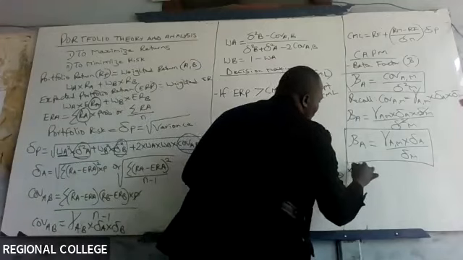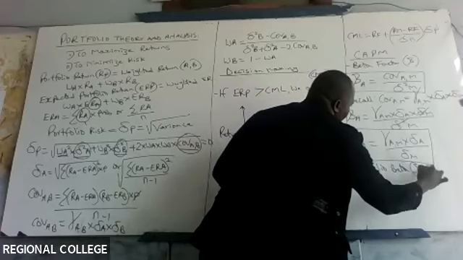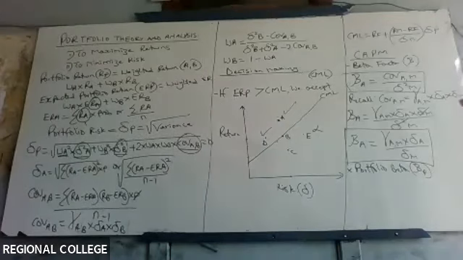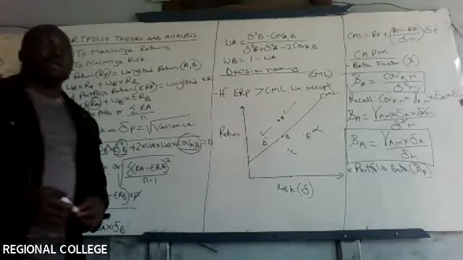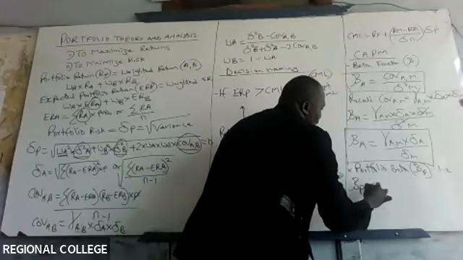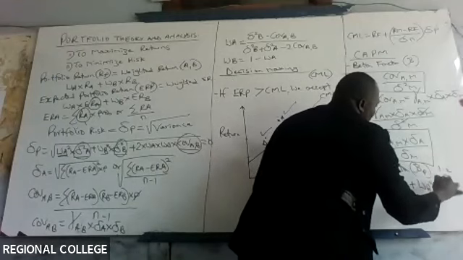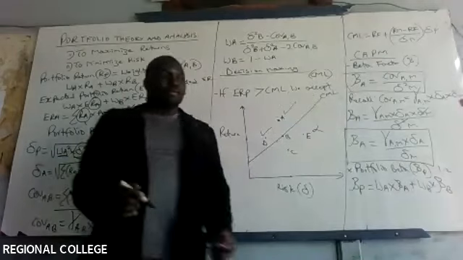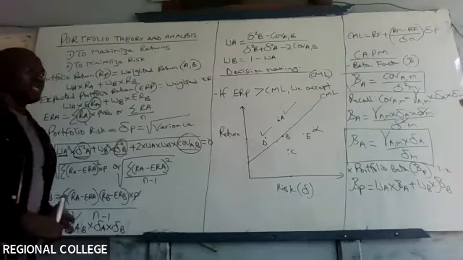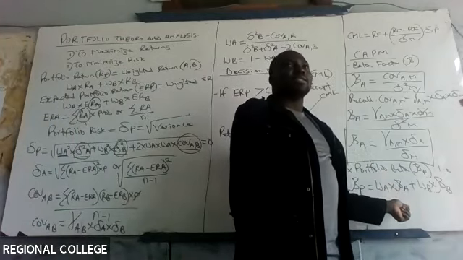So portfolio beta equals weighted beta, i.e. beta of the portfolio equals weight of A times beta of A plus weight of B times beta of B. The formulas help us get the beta of the securities in the portfolio.